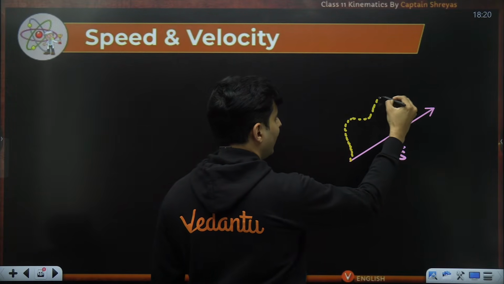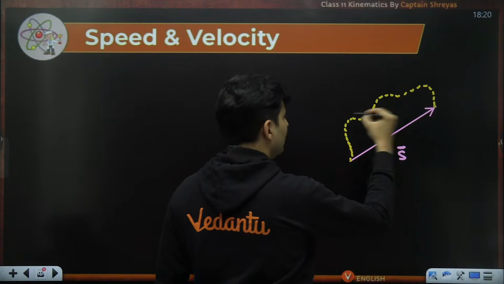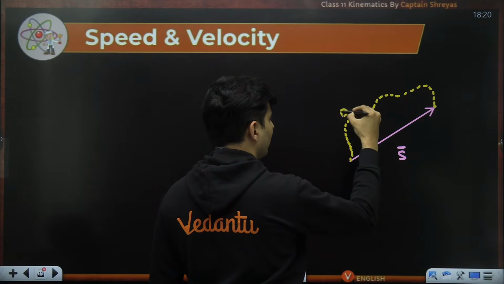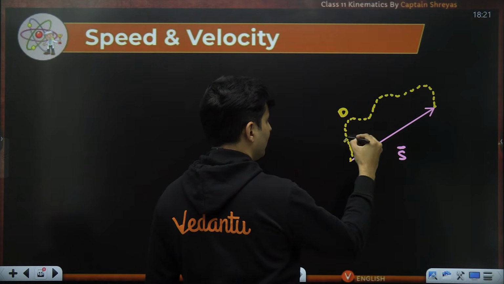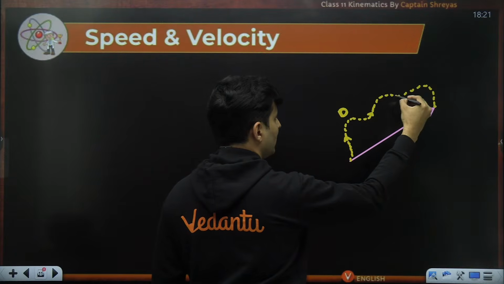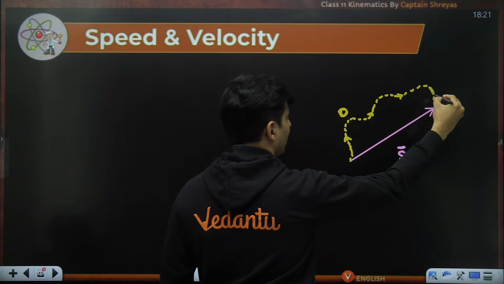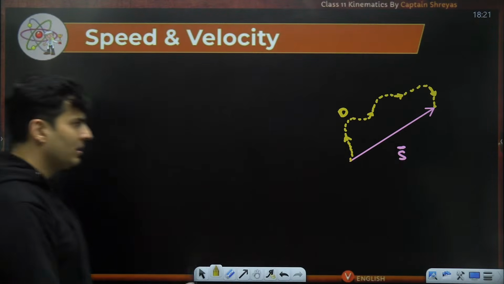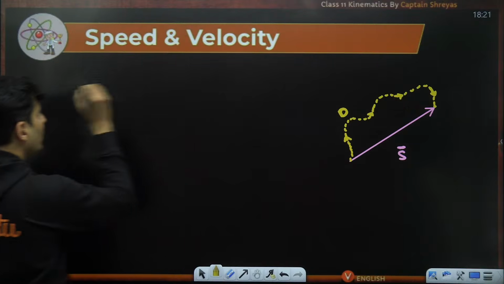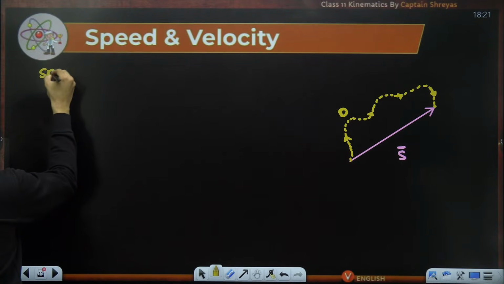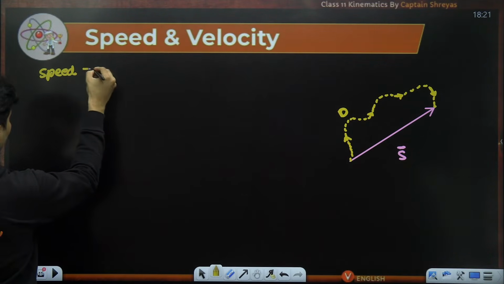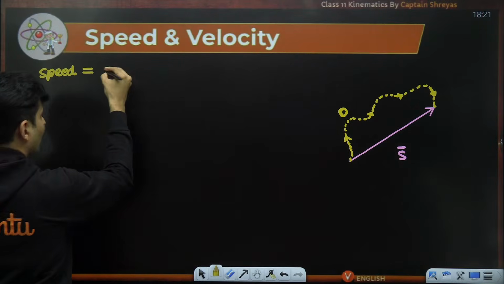Maybe the Pandu went like this to reach here. So that length of the path would be the distance traveled. So how he actually went to that particular place will be the length of the path, that will be the distance traveled.